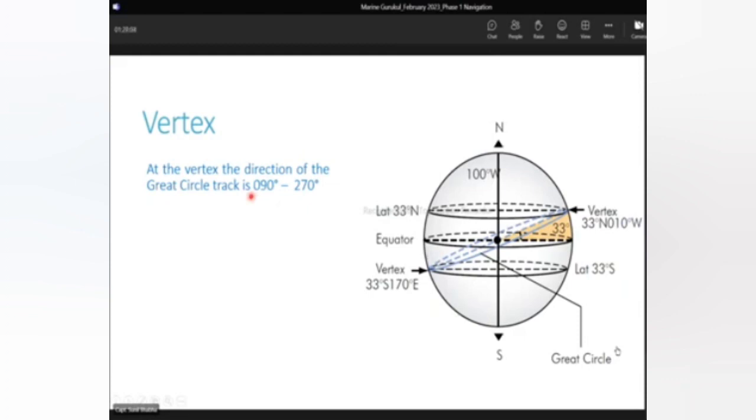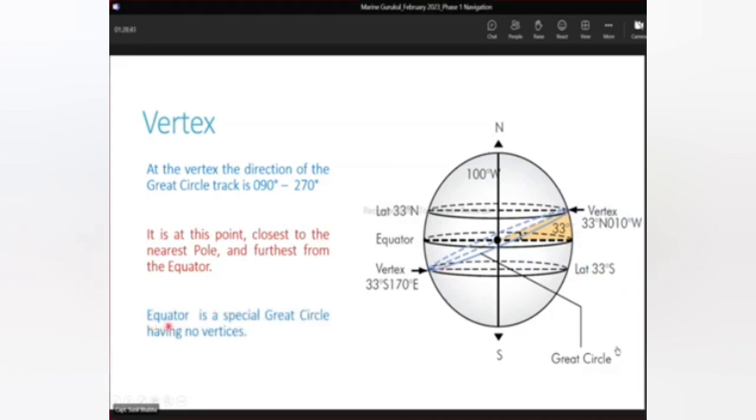The great circle track is running in the easterly-westerly direction at the vertex. It is at this particular point that the great circle track is closest to the nearest pole and farthest from the equator. You can have a look at the diagram. This is the vertex in the northern hemisphere, and it is at this point that the great circle track reaches closest to the north pole and is farthest from the equator.